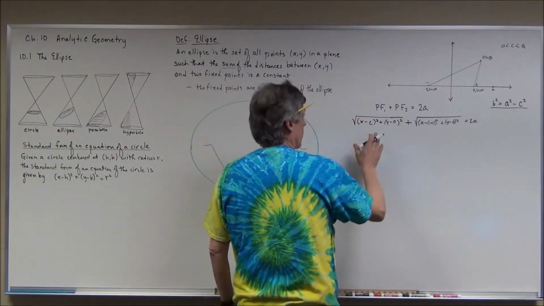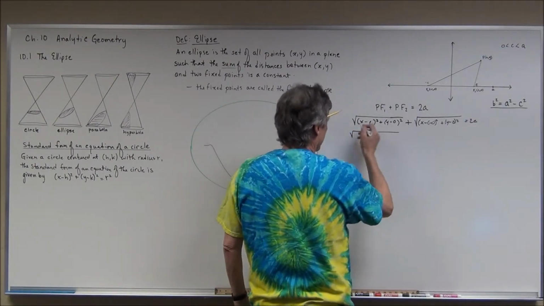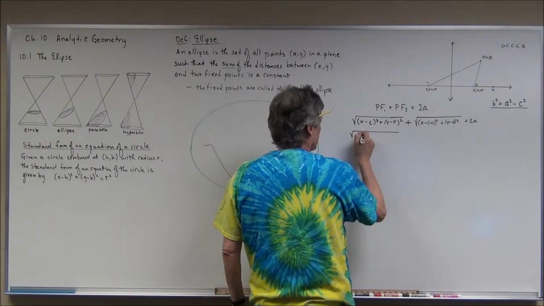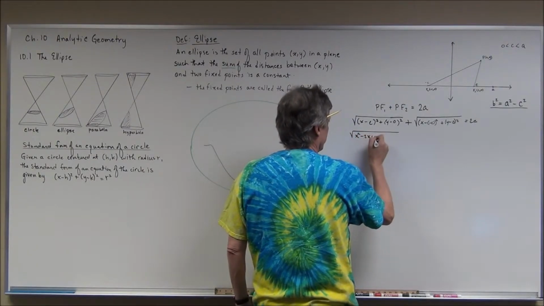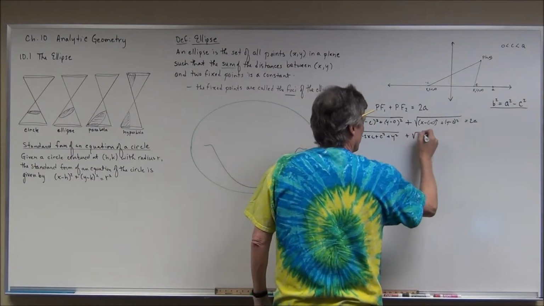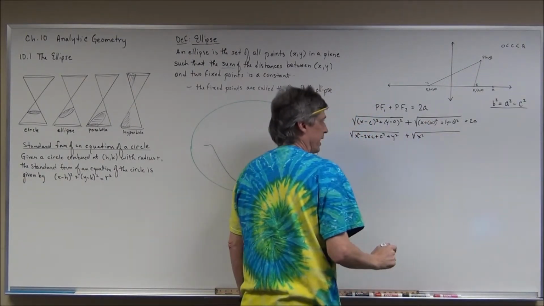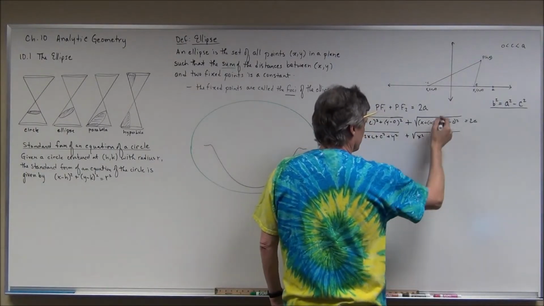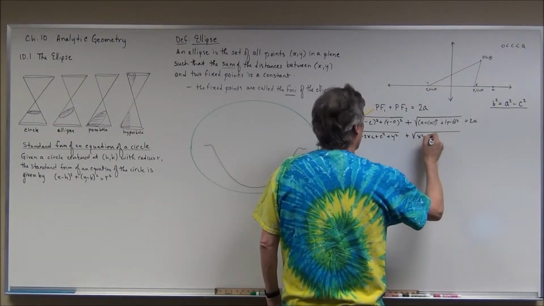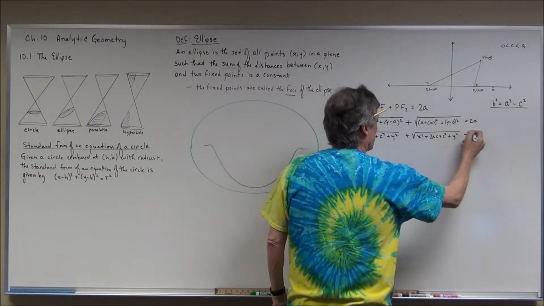So now, what am I going to do here? I'm going to simplify. I can go ahead and multiply it all out. This would give me the square root of x squared minus 2xc plus c squared plus y squared, plus the square root of x squared. Now subtracting a negative is like adding the opposite here, so this is x plus c quantity squared. So this would be plus 2xc plus c squared plus y squared, equal to 2a.